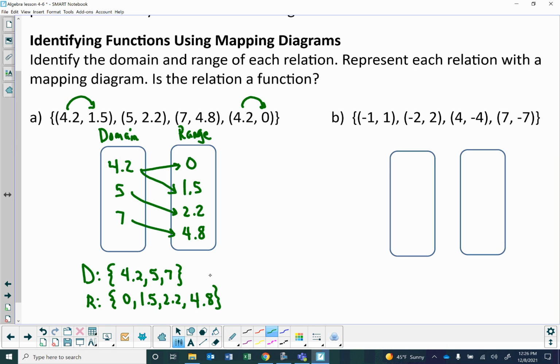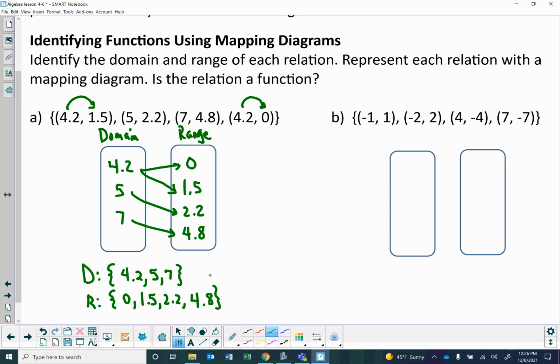The last thing I have to do is determine whether or not this relation is a function. Okay? In order for a relation to be a function, if it has an x value paired with a y value, and that same x value comes up again, it has to be paired with the same y value. I can see that 4.2 is paired with both 0 and 1.5.